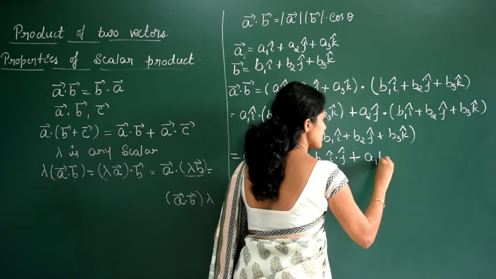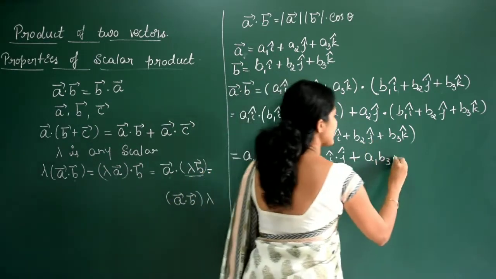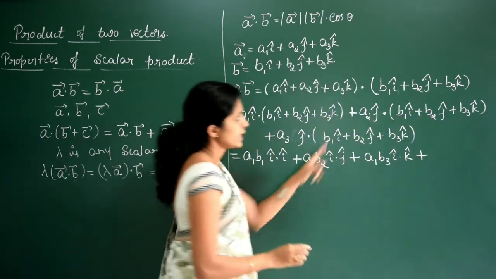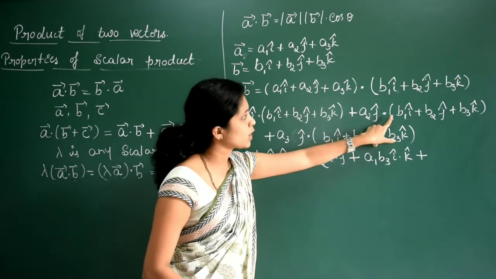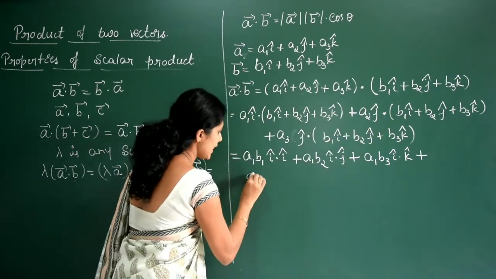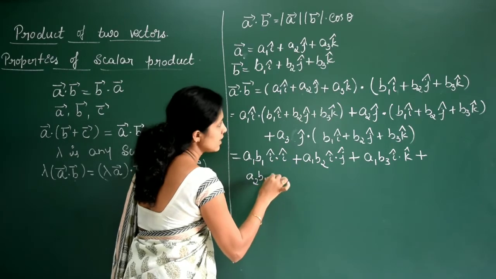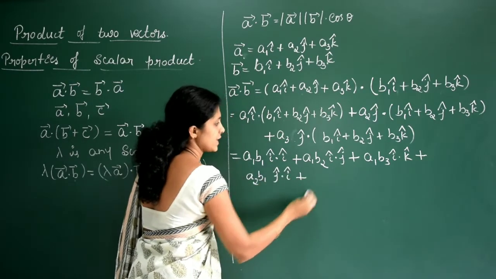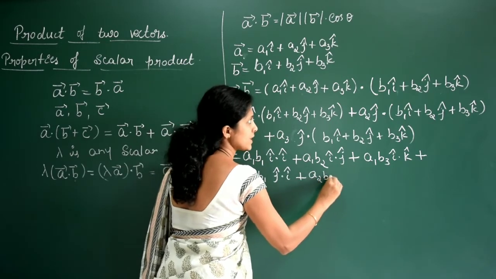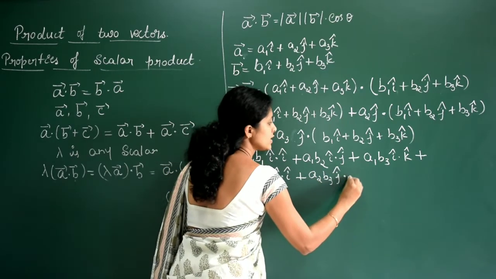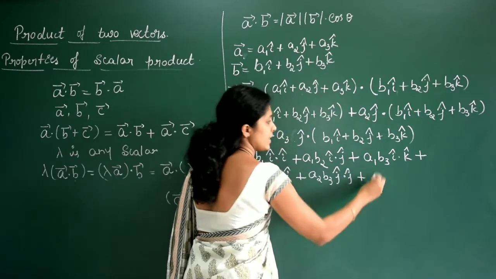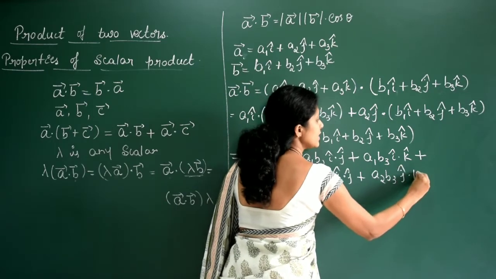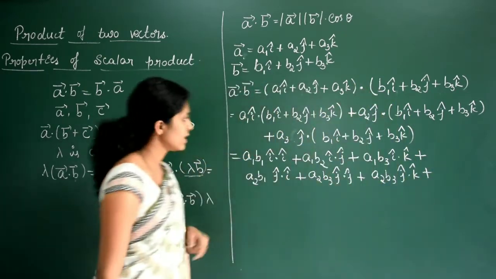First write the scalars, A1 B3 i cap dot k cap, plus second term here A2 j cap dot B1 i cap. So we can write A2 B1 j cap dot i cap, plus next will be A2 B2 j cap dot j cap, plus next will be A2 B3 j cap dot k cap. One more term is left, we'll multiply that.